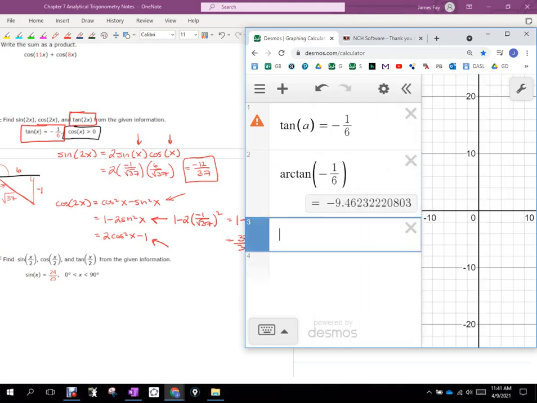It gives me that. Okay, so now here's the thing, and that is a fourth quadrant angle. But it's not how we like to deal with it. Okay, what should I do with that number? I'm going to add 360. I'm going to make it a positive angle.